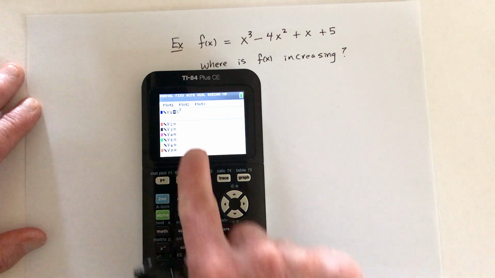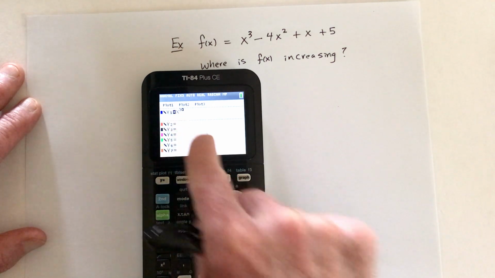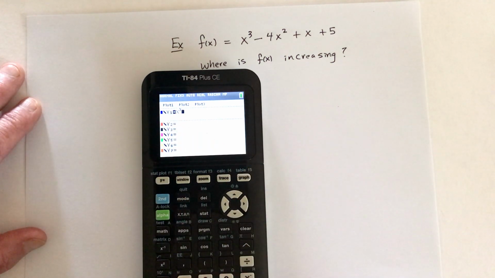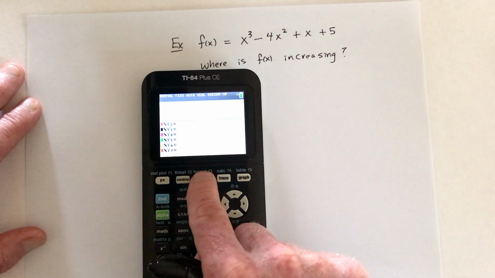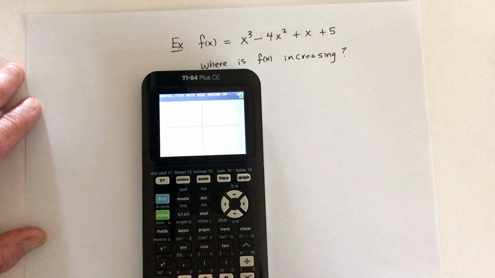And if I continue typing, it's still up there in the exponent. So you need to go to the right so that it gets out of the exponent. And then minus 4x squared, and then plus x and plus 5. And then let's see what that looks like. So I'm going to go to zoom number 6.